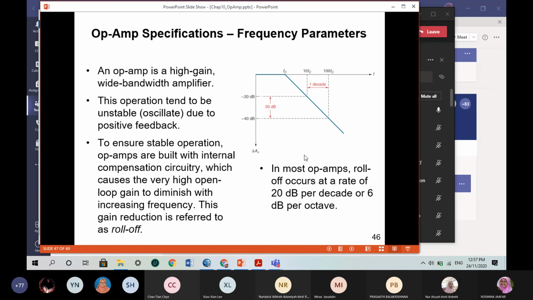In most op-amps, roll-off occurs at a rate of 20 dB per decade, or 6 dB per octave. A decade considers tenfold, logarithmic to the base of 10, whereas an octave considers twofold, or logarithmic to the base of 2.